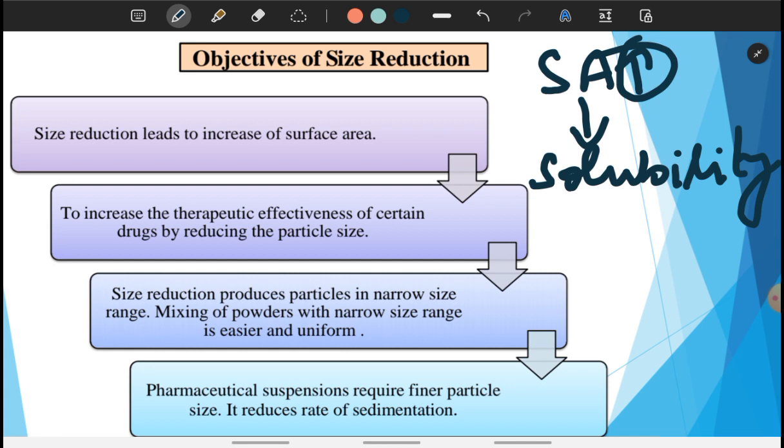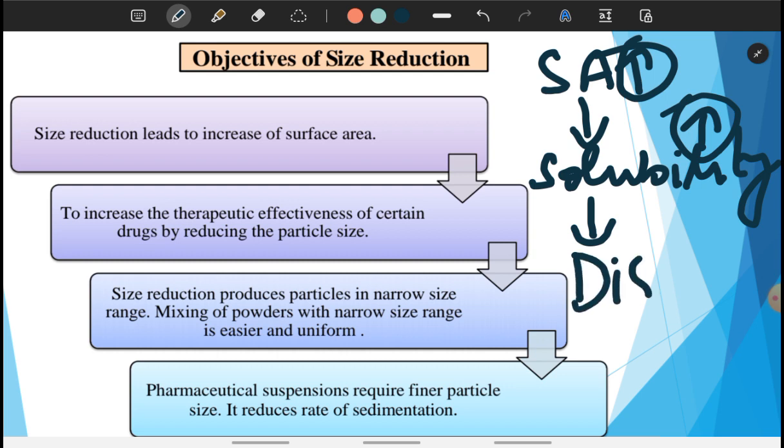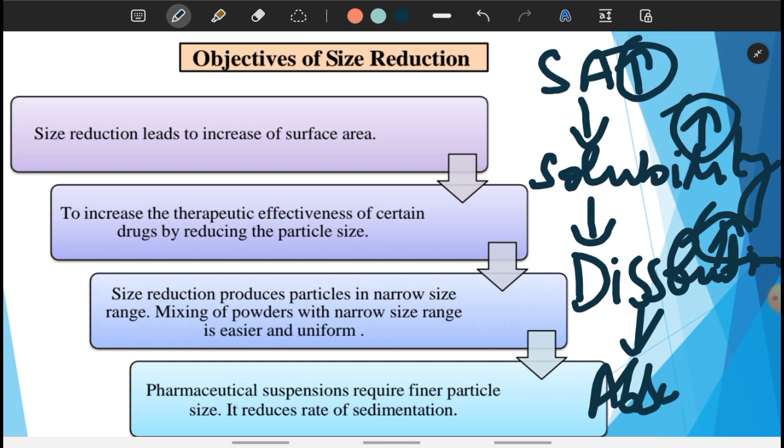If we take the example of any drug, if the surface area of that drug increases by reducing the size, then the solubility of that drug will increase. If solubility increases, its dissolution will also increase.